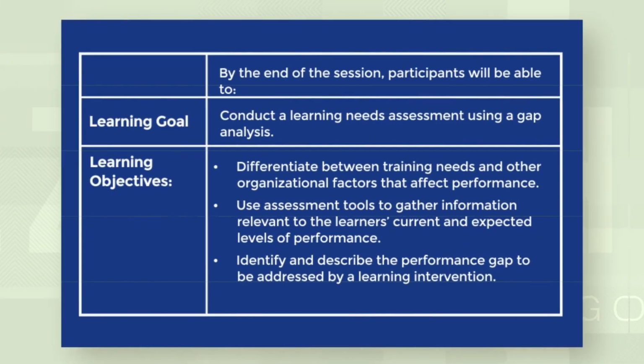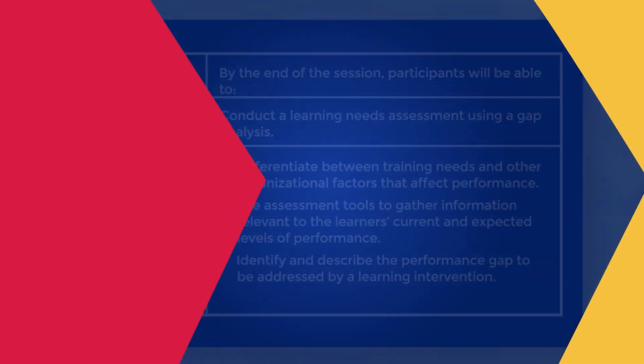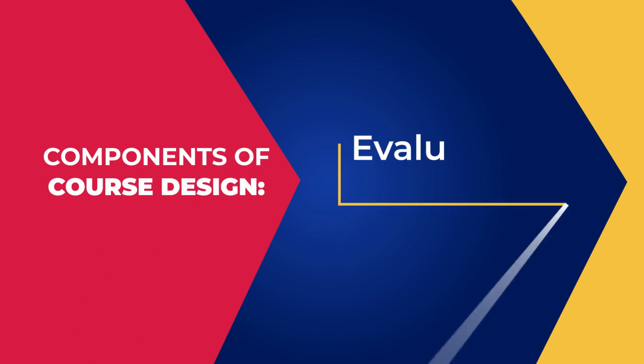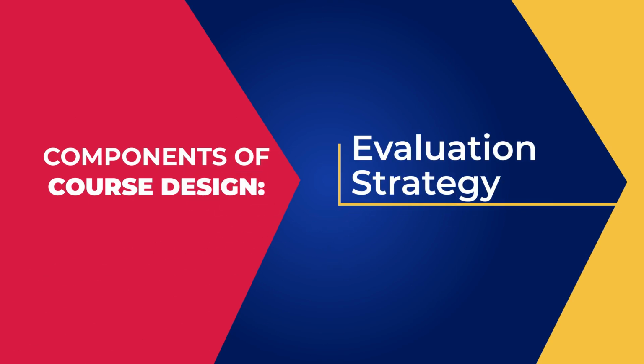For example, if our overall goal is to conduct a learning needs assessment using a gaps analysis, one of the overall goals or the ultimate learning objective could be, at the end of the training, each learner should be in a position to define and quantify a gap that will be filled by the learning approach or the learning intervention. The second component is evaluation.